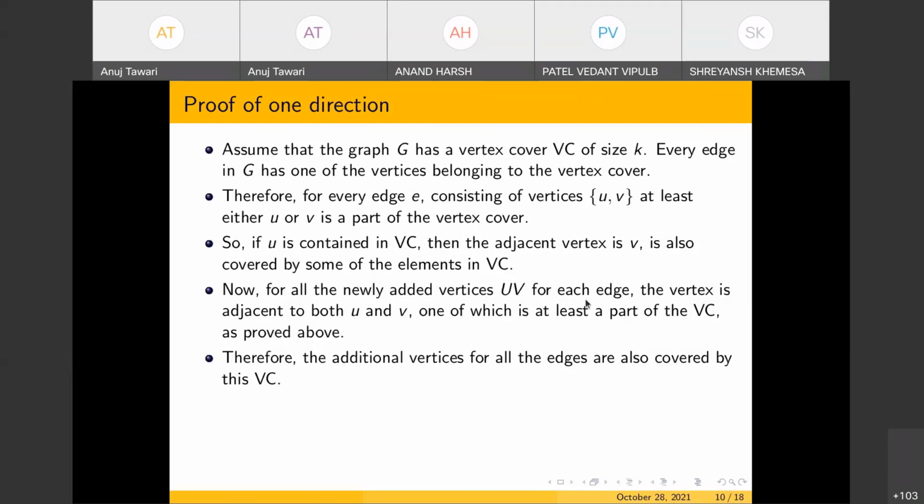These newly added vertices are adjacent to both endpoints of the edge. That is how we create that triangle U and V. At least one of them is a part of the vertex cover, and hence part of our dominating set. So the additional vertices for all the edges will also be covered by this vertex cover.